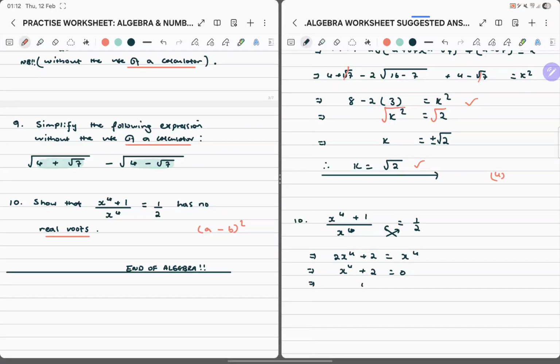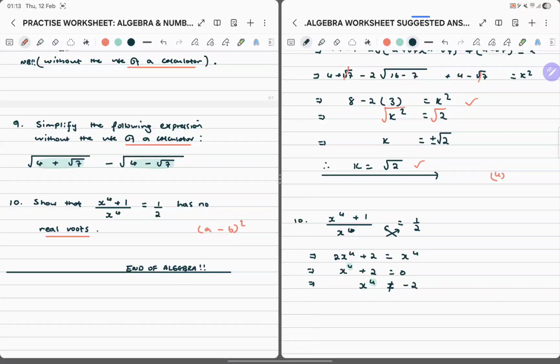Now the only way we can solve is just transpose it back. So now I'm starting to think, okay, let's not think, just go for it. x to the exponent 4 is equal to minus 2. Is that possible? No. An even exponent, even though the base can be negative, whatever quality the base is, can never be negative. So this is not possible.